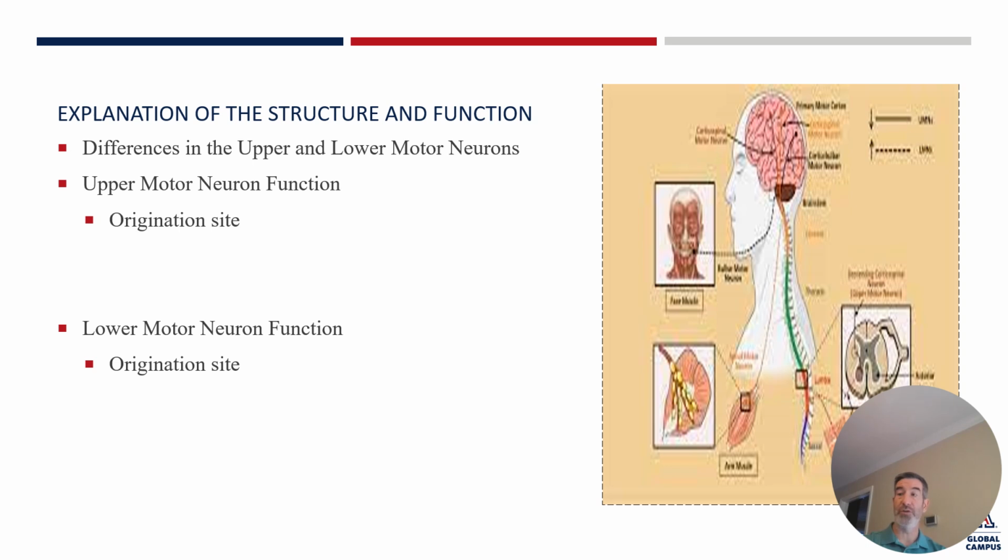Although these neurons are called motor neurons, they do not actually perform any motor function. They are there to fine-tune the signal from the lower motor neuron to perform specific muscle contraction.